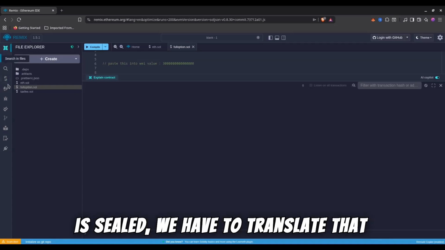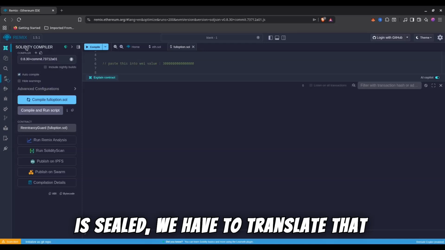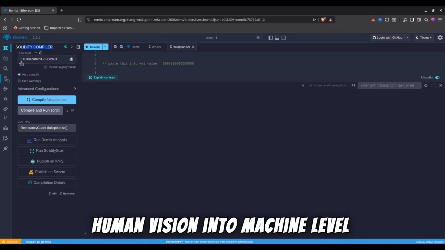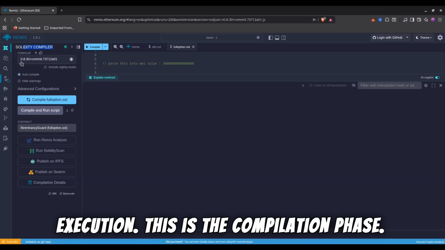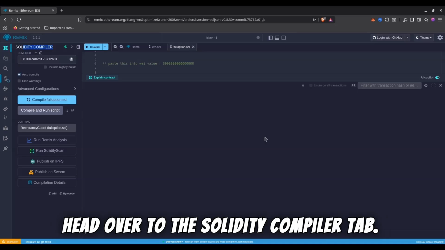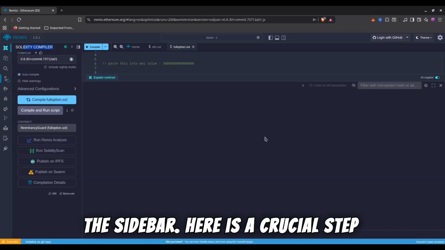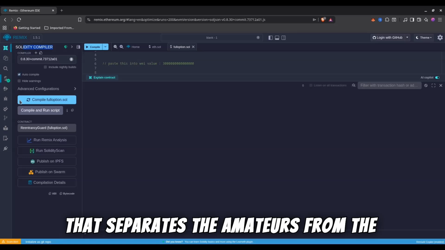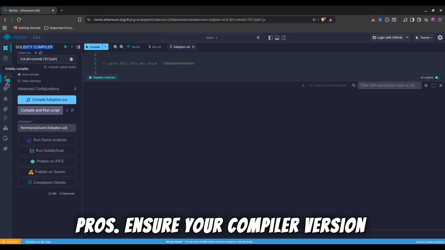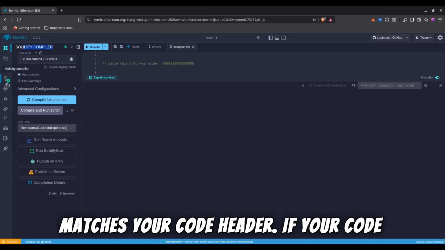Once your logic is sealed, we have to translate that human vision into machine-level execution. This is the compilation phase. Head over to the Solidity Compiler tab. It's the icon with the S logo on the sidebar. Here is a crucial step that separates the amateurs from the pros. Ensure your compiler version matches your code header.